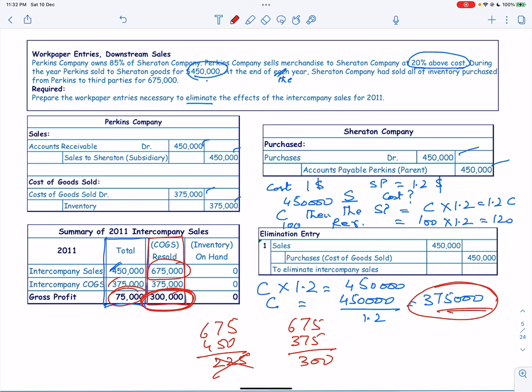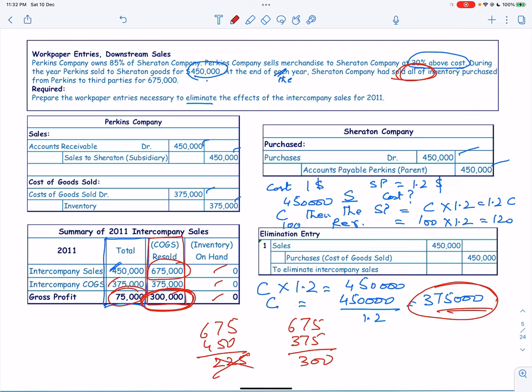The third column, inventory on hand, represents intercompany inventory still on hand in the affiliated group. Now, in this exercise, since they are selling all of the inventory to the third party, there is no ending inventory over here.